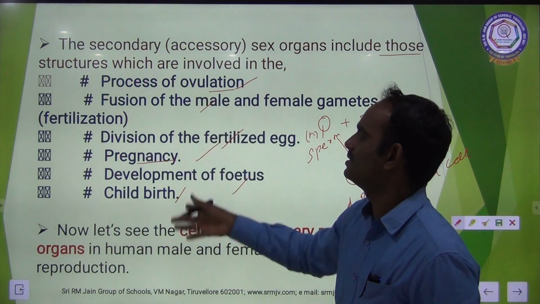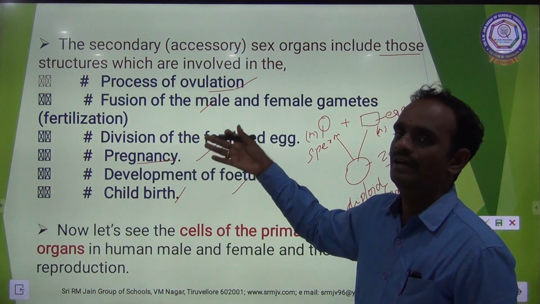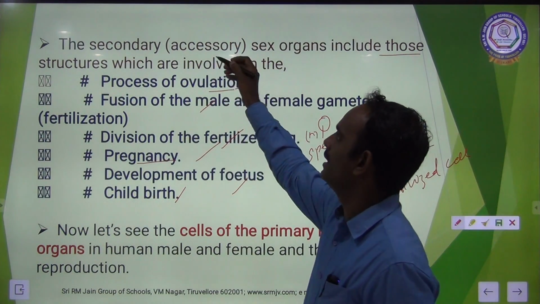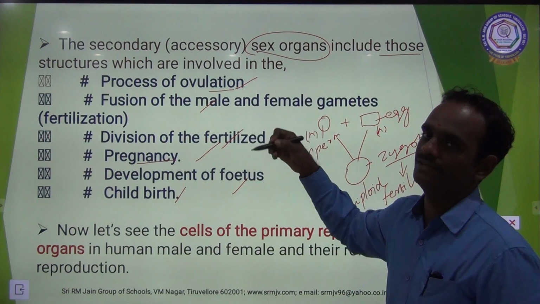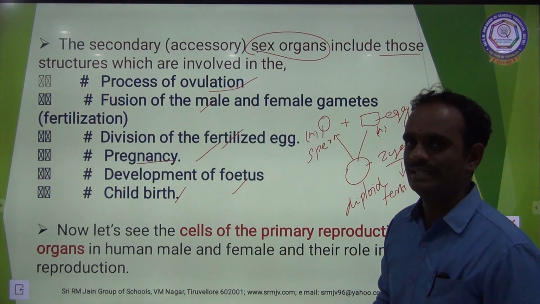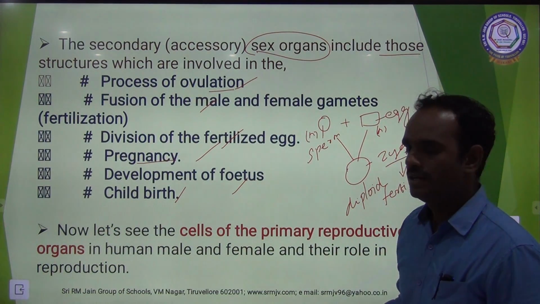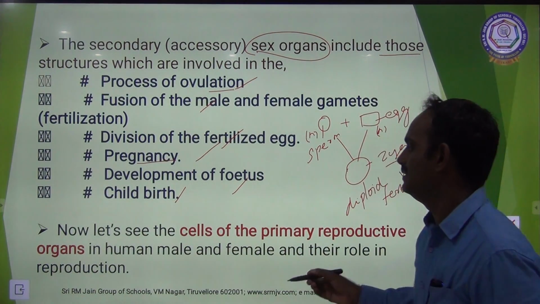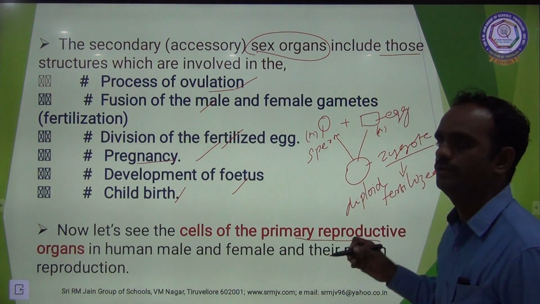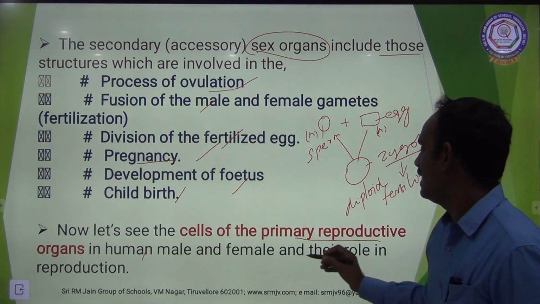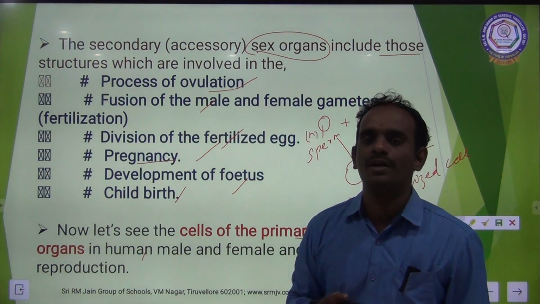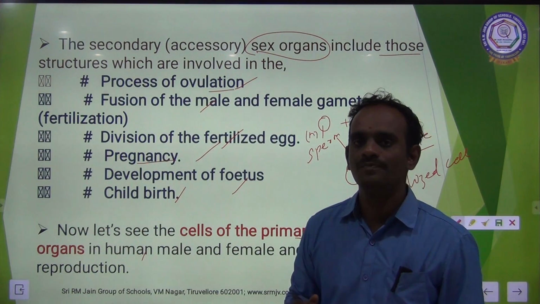All these happen only through the accessory sex organs and their structures. Clear, children? Now let us see the cells of the primary reproductive organs in human male and female and their role in reproduction. Shall we move?